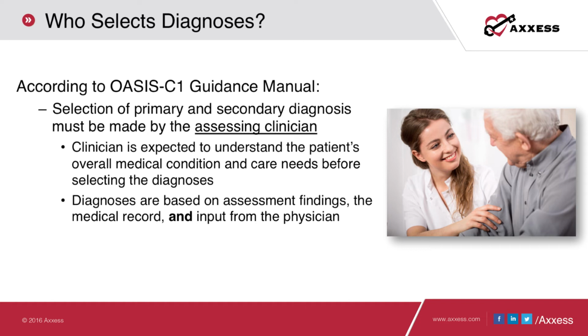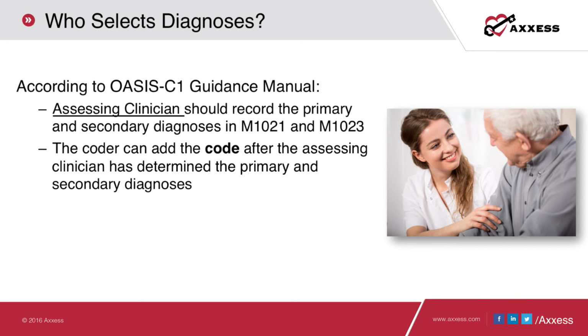You have to really get out there and assess the patient fully, review the documentation, and then make your selection of the primary reason you're in the home and why you're going to take care of the patient, and then any secondary diagnoses as well. And those diagnoses are based on the assessment findings of the clinician, the medical record, and input from the physician.